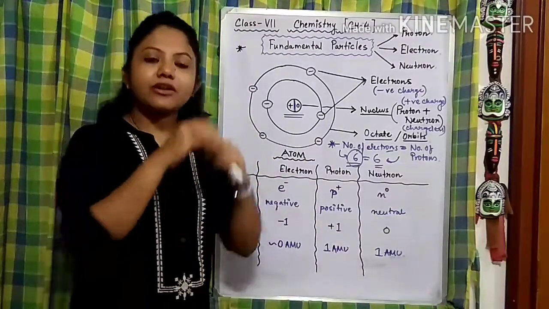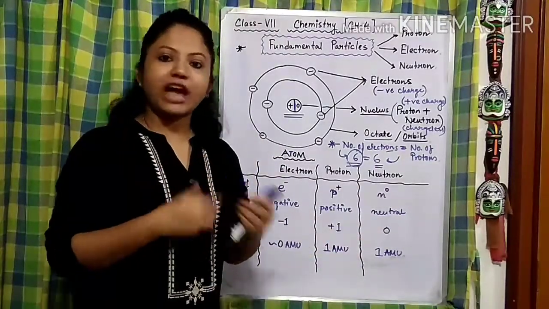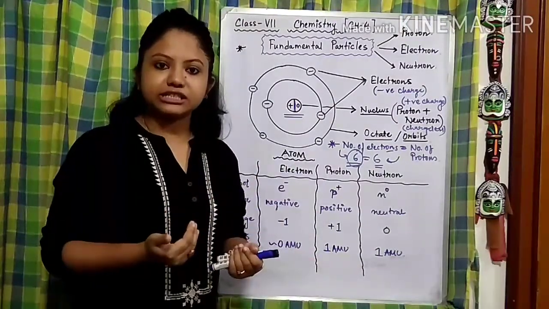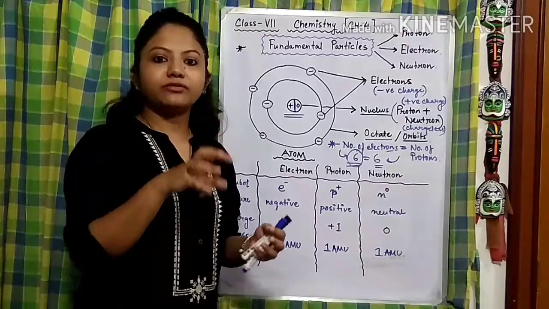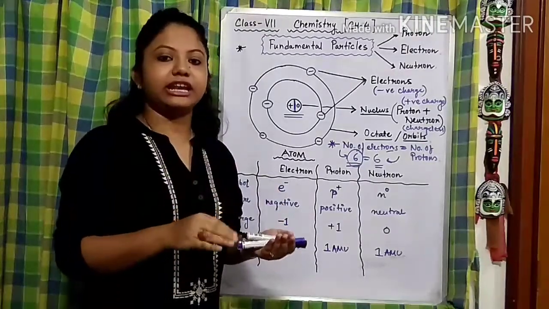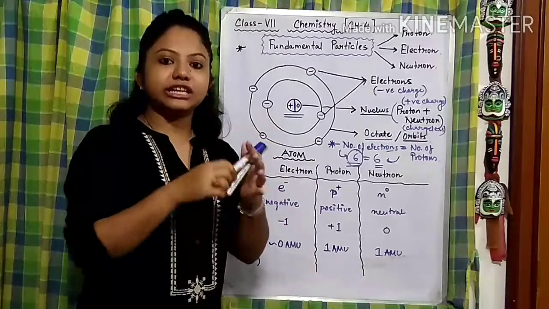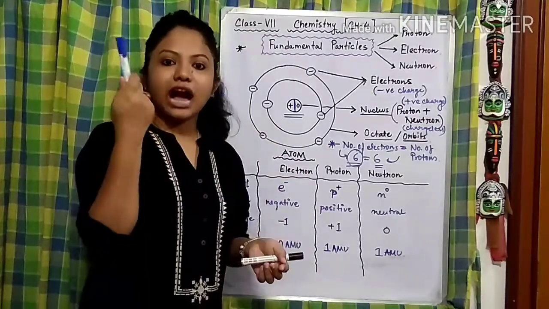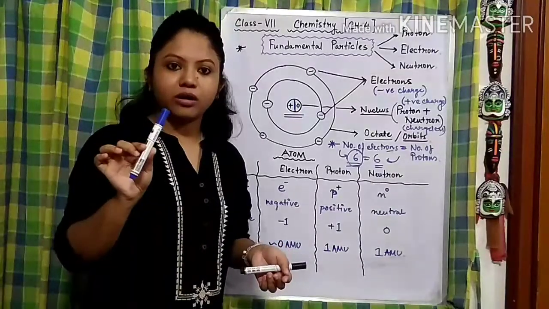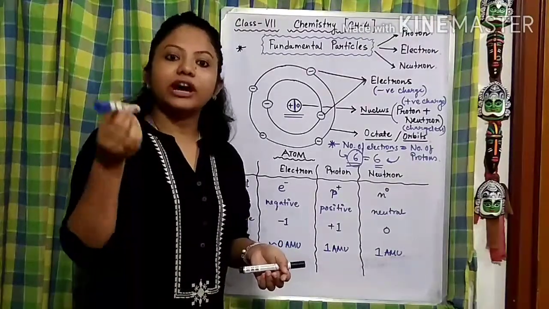So neutron itself does not have any charge. As every matter is made up of atoms, if they were not chargeless in nature, if we were touching this marker, I would have been charged or I would have been in shock. But they are neutral. Why?